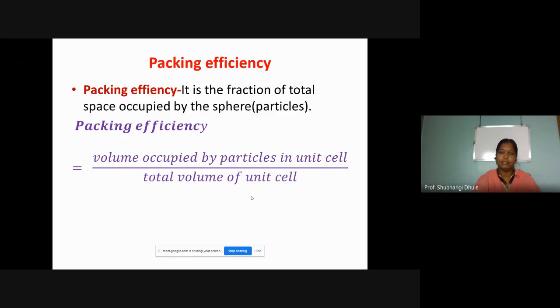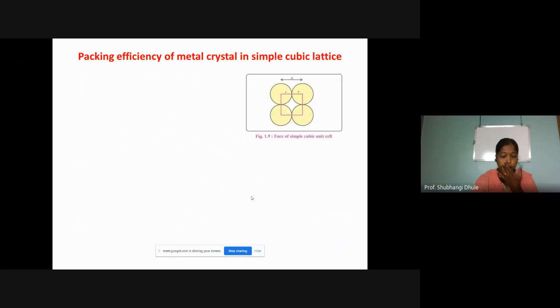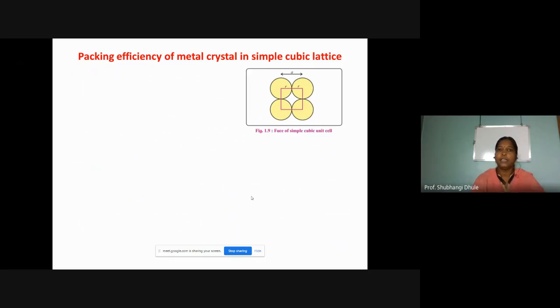Whatever space is occupied by the particles is called the volume occupied by the particles in the unit cell, and this divided by the total volume of the unit cell results in the packing efficiency. So the definition of packing efficiency is the fraction of the total space occupied by the spheres or particles. Now, if you multiply this by 100, then we get the packing efficiency in terms of percentage.